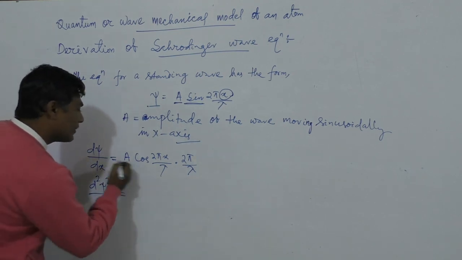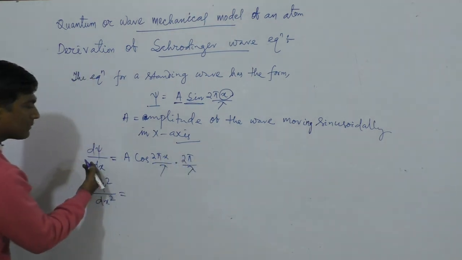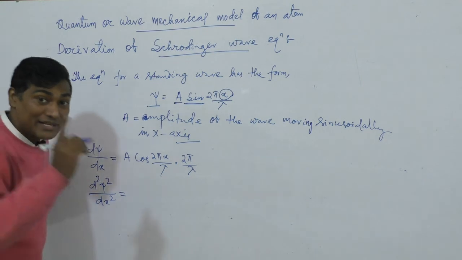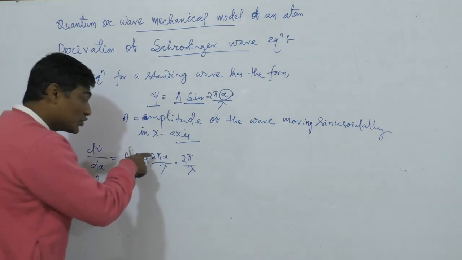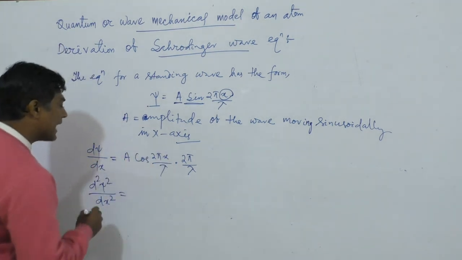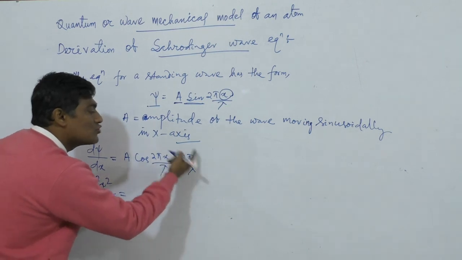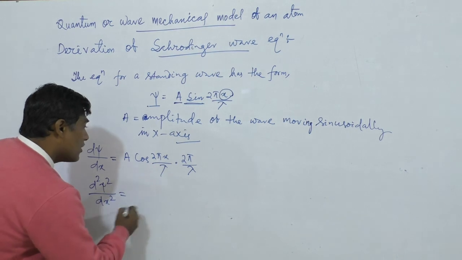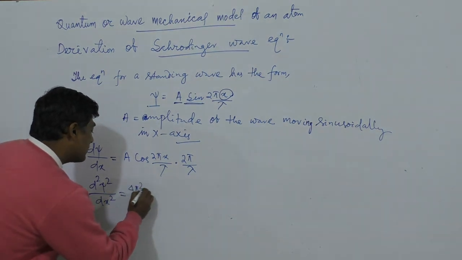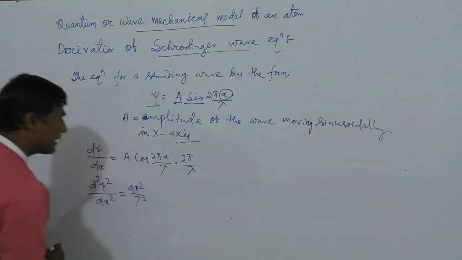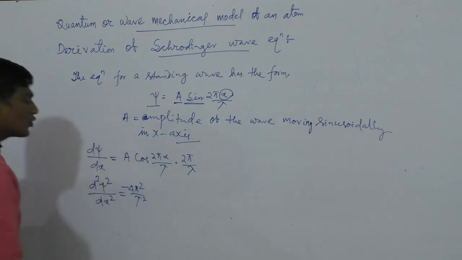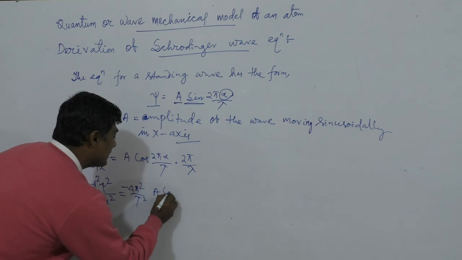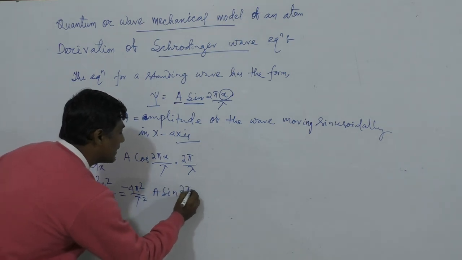Again this A will come out, this 2 pi by lambda will come out. The derivative of cos 2 pi x by lambda will be minus sine 2 pi x by lambda. So again this 2 pi by lambda factor will come. So it will give you minus 4 pi square by lambda square and A sine 2 pi x by lambda.